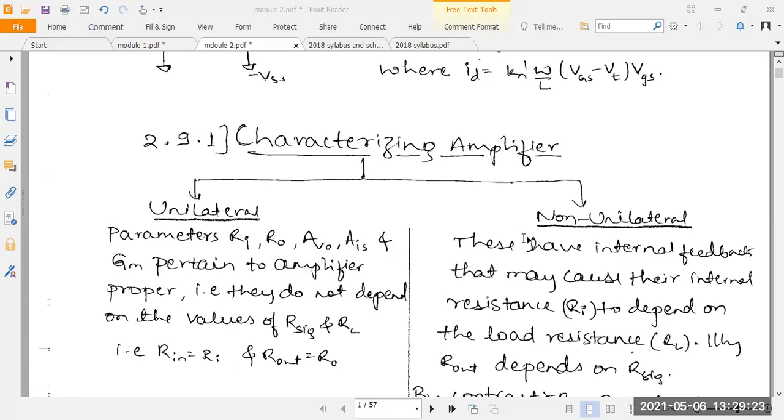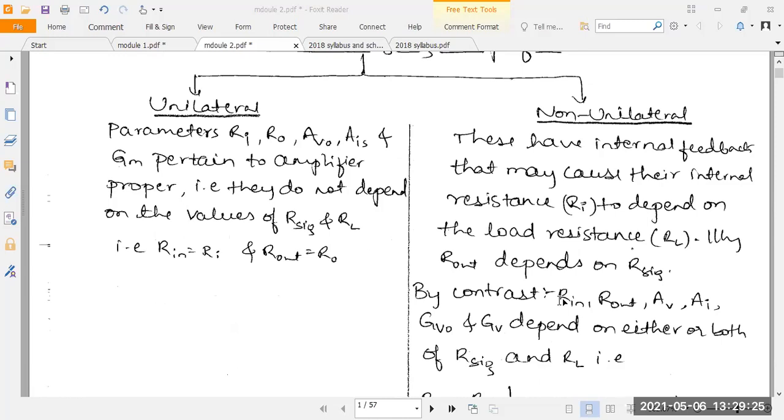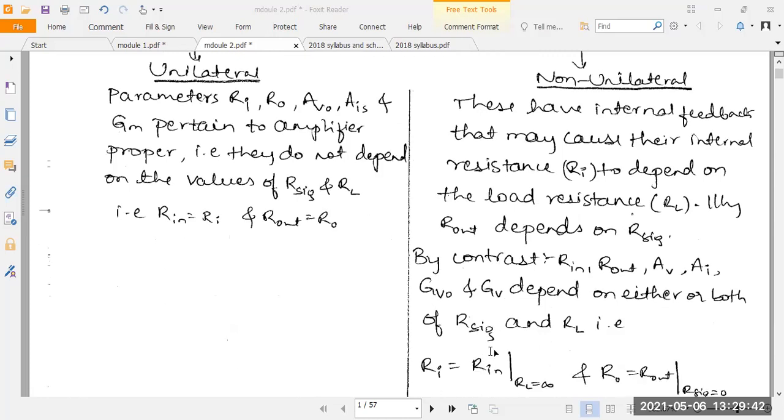When you come to the non-unilateral case, again it is the same. You want to find out the total input resistance, total output resistance, voltage gain, and current gain. But here we want to find out the overall voltage gain, not the overall transconductance gain. Understood? Then we want to find out the R signal, then RL.